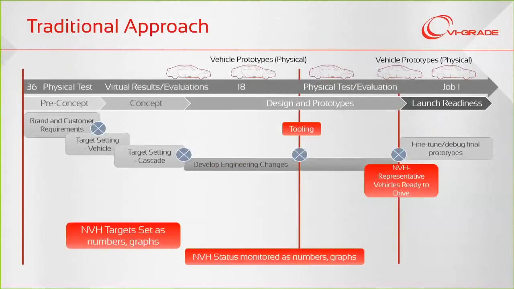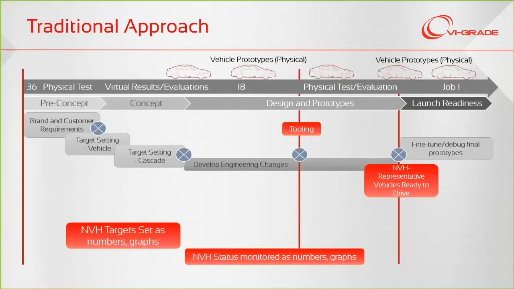So another way I like to look at this is we can look at the vehicle development process. And this is the old traditional vehicle development process where we start the program, we set some targets in terms of numbers and lines on graphs. We start developing, we make some prototypes. Those are usually mule type prototypes. They're pretty early, pretty rough.